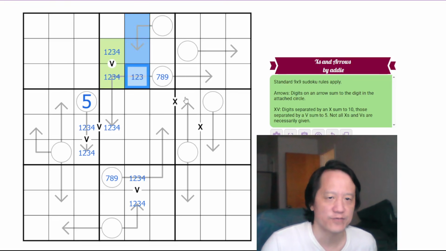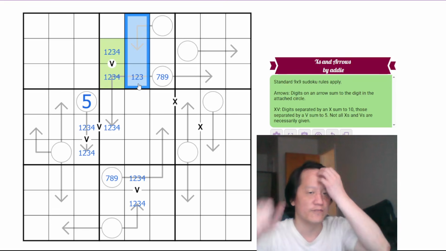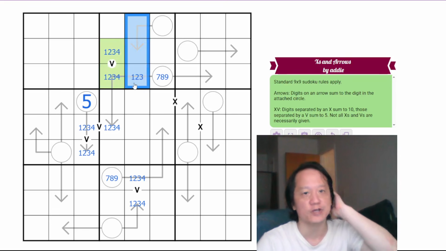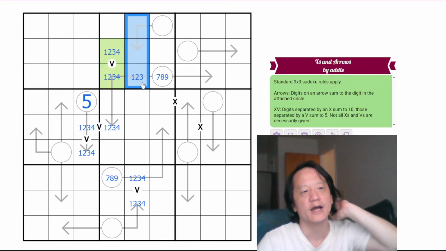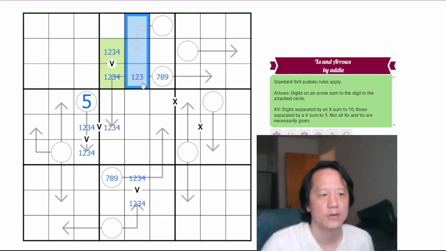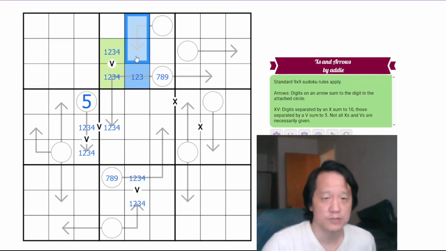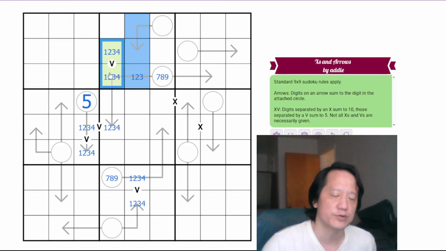This pair of digits adding up to 5 means this has to add up to 5 here for this pair of digits. Because if you have 1, 4 here, you have 2, 3 here, which again adds up to 5. If you have 2, 3 here, this is 1, 4 here, adding up to 5. So we have a digit here. It cannot be 1. If this is 1, that would force us to be a 2-3 pair.